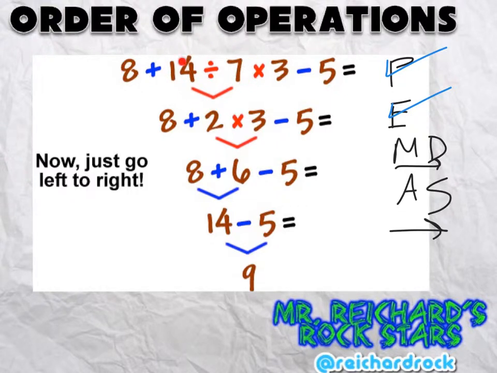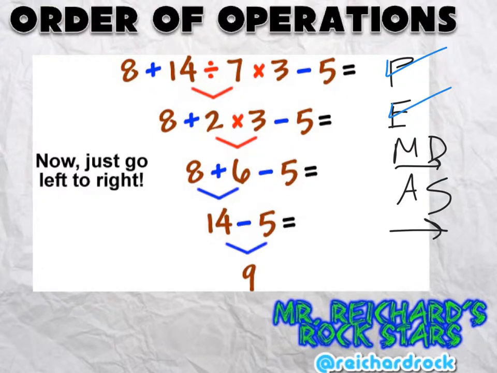So I'm going to do 14 divided by 7 first and get 2. And notice how I dropped everything else down. Okay, I'm doing one step at a time. Now my division's done, but I still have multiplication left to right. So now I can take 2 times 3. I drop down 6, and then I just simply pull down 8 plus and minus 5.